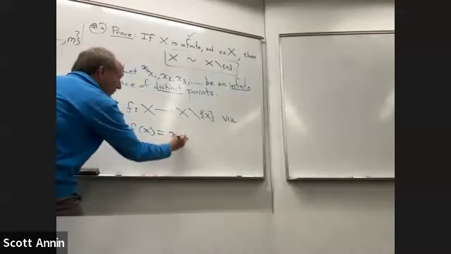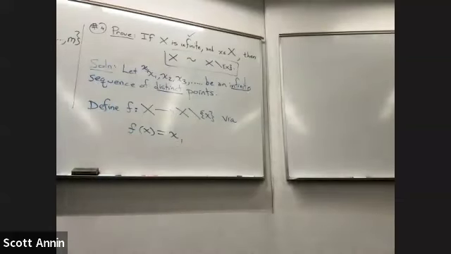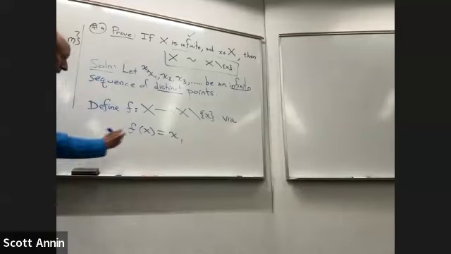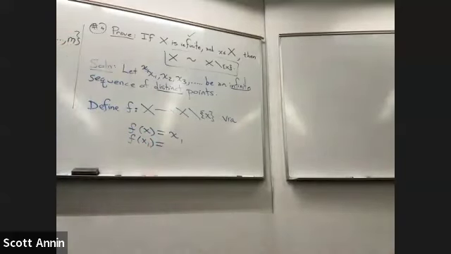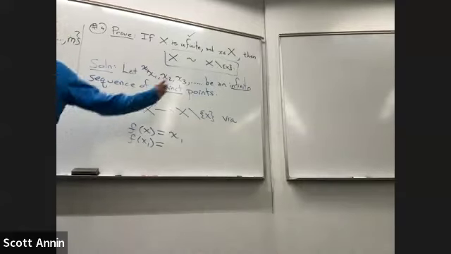So I'm going to define f of x to be x1. That I can do, because x1 is not the same as little x. And so it does exist in the codomain, right? And then I'm going to define f of x1. Now my problem is the function has to be 1-to-1. So I cannot send f of x1 to x1 because I've already sent f of x to x1.